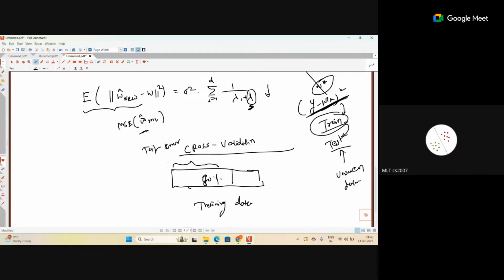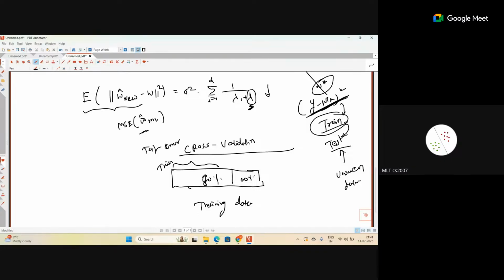And in the remaining data, you test and check. This 20% of the data we haven't seen, right? That means now you are able to generalize your model well.